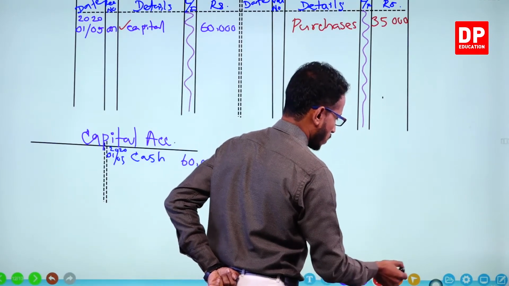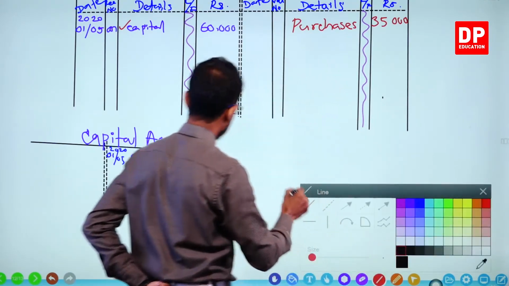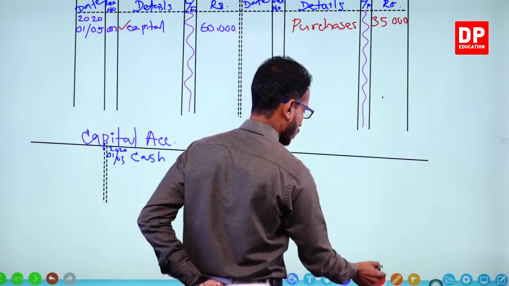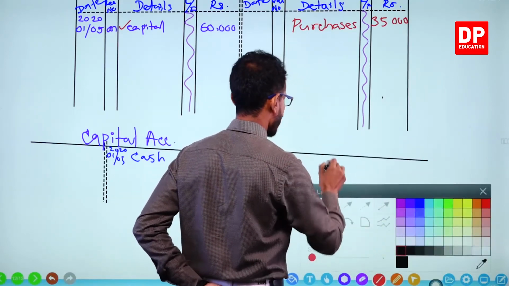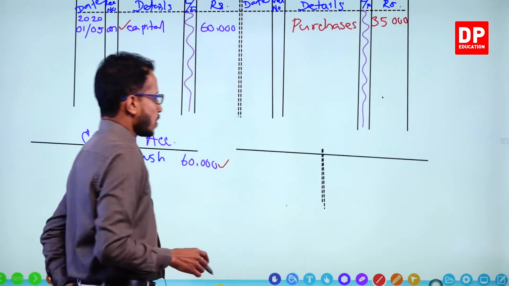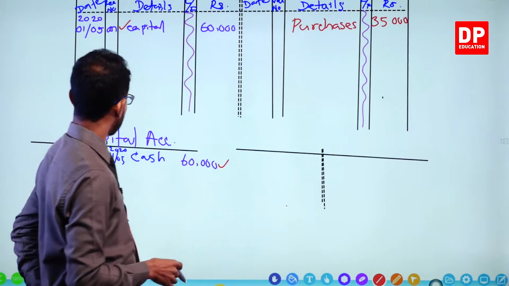Let's draw the other account, the purchases account. Here you go, the purchases account.